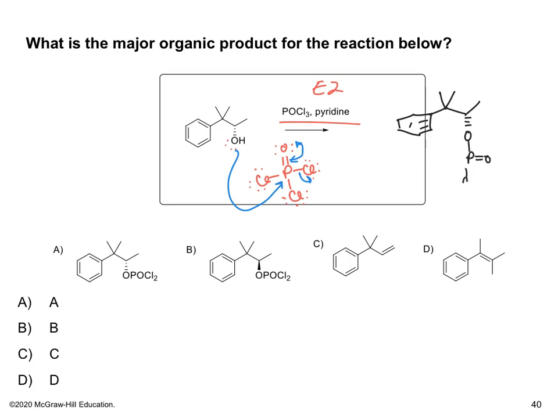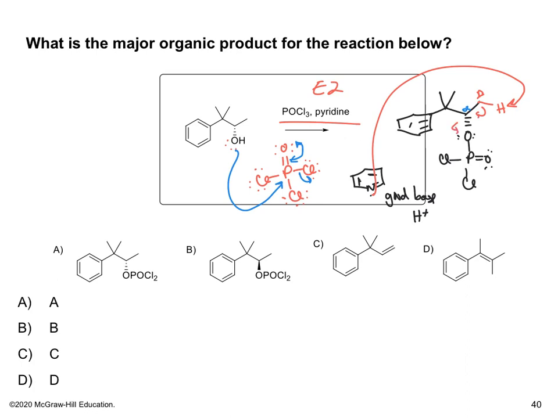OP, Cl, Cl. So this is the intermediate. And now pyridine. Pyridine is this molecule here. It's a good base, so it likes to go after a proton. So if this is your alpha, and then your beta, there's no beta there. This is your beta. So this is going to come and take that.